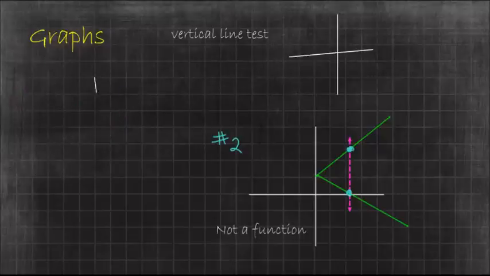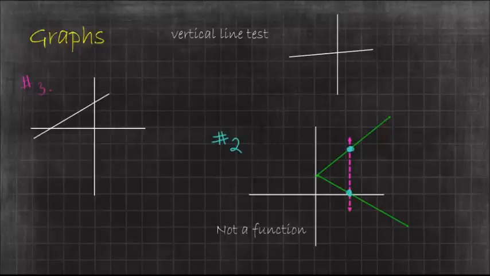Now the last example, number 3. Okay. Now this, if I have a function that goes to right here, and then I have an open-ended boundary, so basically an open circle.